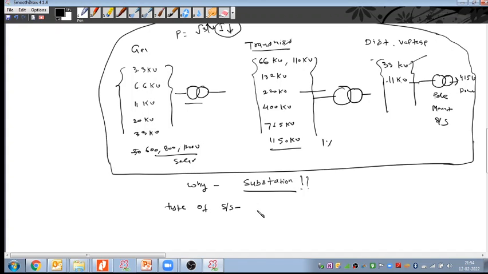We have the generating substations, then the grid substations, and then the distribution substation. This we discussed based on the service. We can divide the substations into these three parts.